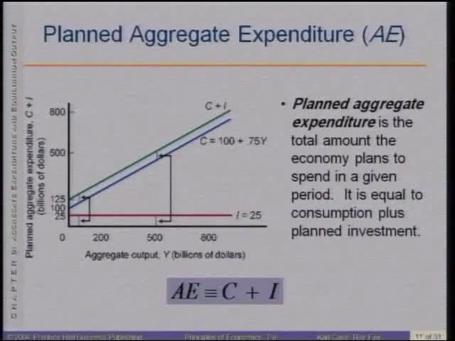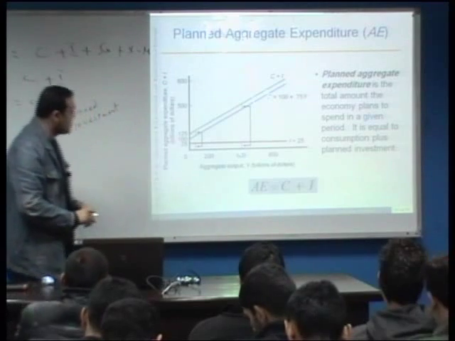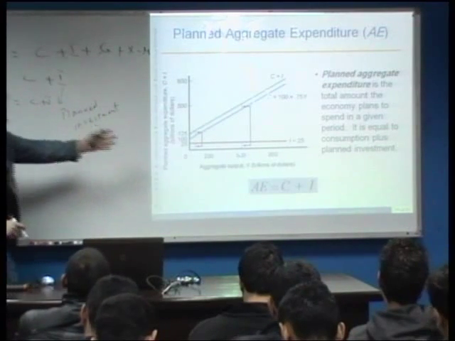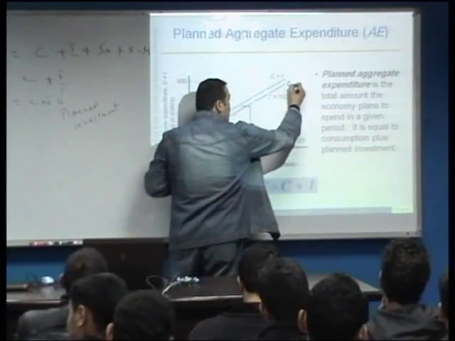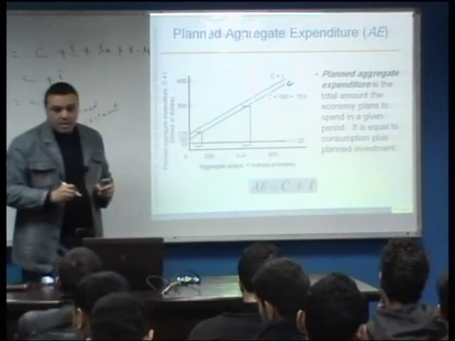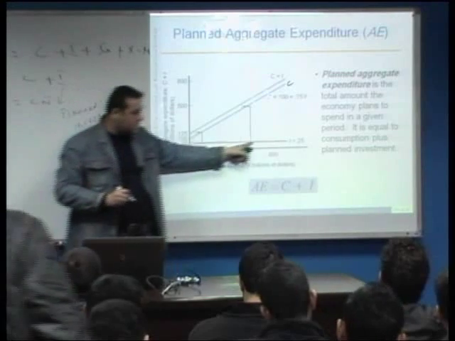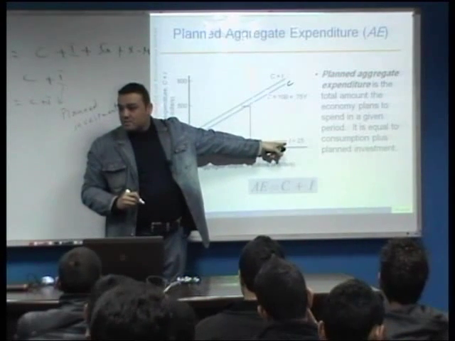Let's go to this diagram. As you see, the blue line is C, and the red line here is I, the planned investment.